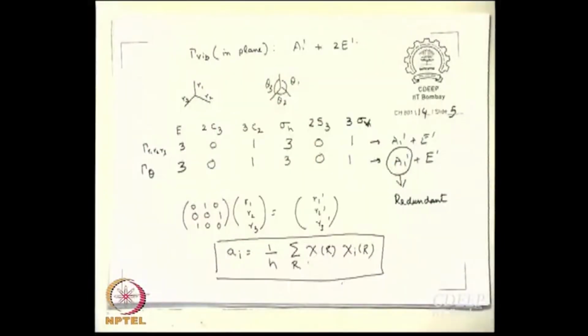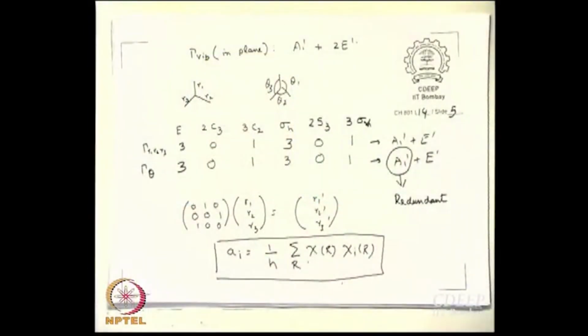So, if this A1 dash is really to be there, then what we are saying is that all the bond angles should be able to expand at the same time. That is not possible. If two bond angles expand, the third has to contract. So, A1 dash is just not possible. So, what you could perhaps do is work with theta 1 and theta 2 only, that will be a 2 dimensional representation, you work it out, you will see you will get E dashed.